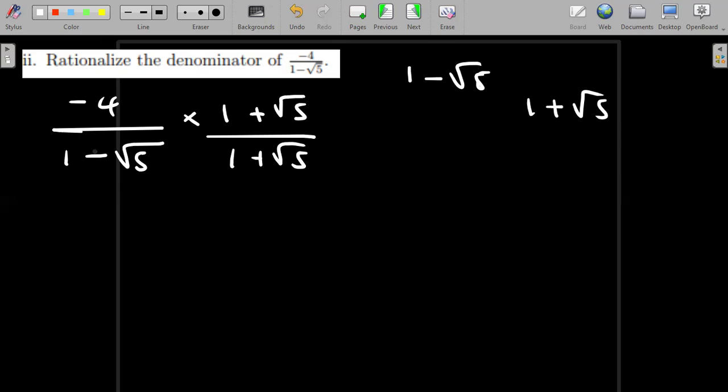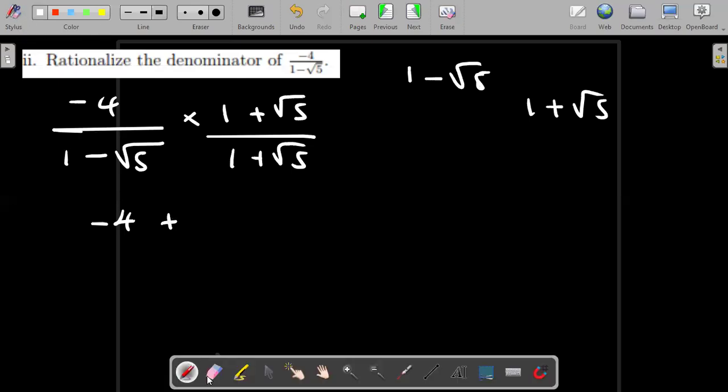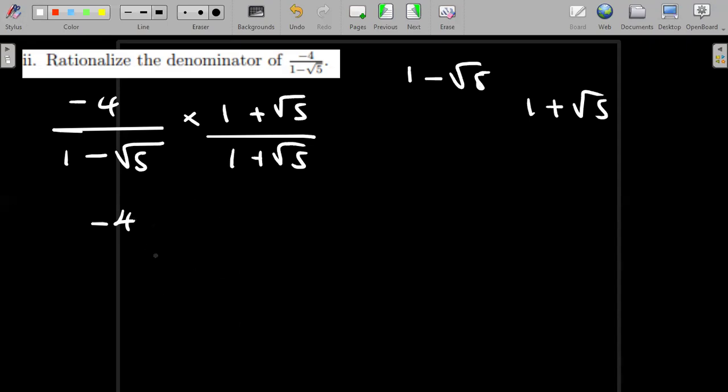And you get, so on top we multiply 4 by 1, we get 4, then 4 times root of 5 will be minus 4 root of 5. And down there, we will have 1 squared, that will be 1 multiplying by 1.